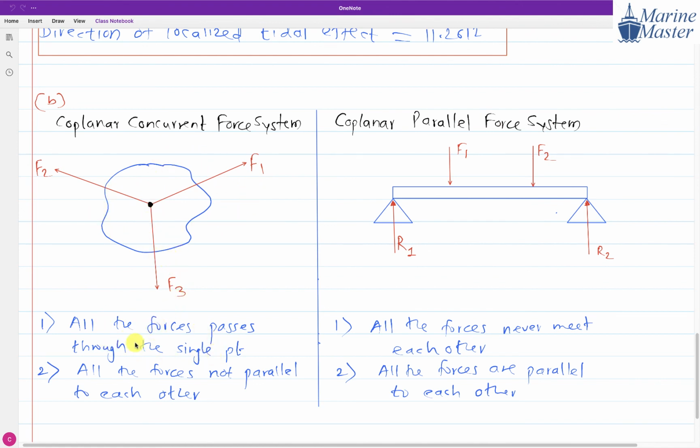Coplanar concurrent means all the forces pass through a single point. In coplanar parallel forces, all the forces are parallel to each other, so they will never meet each other. This is one difference.